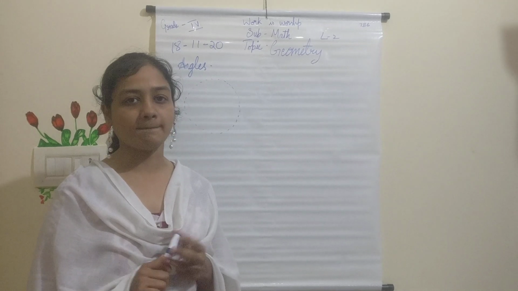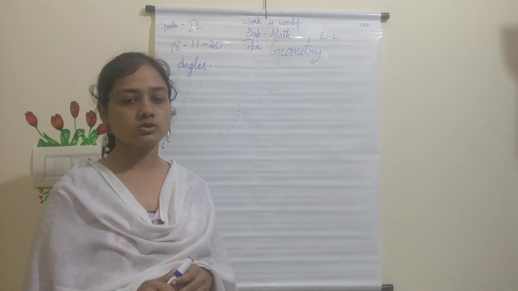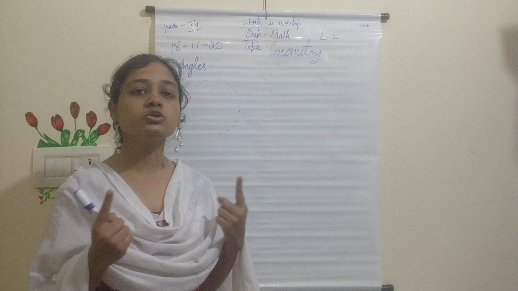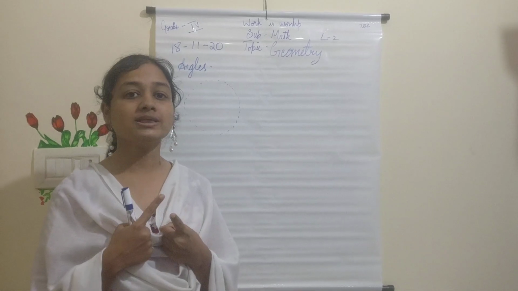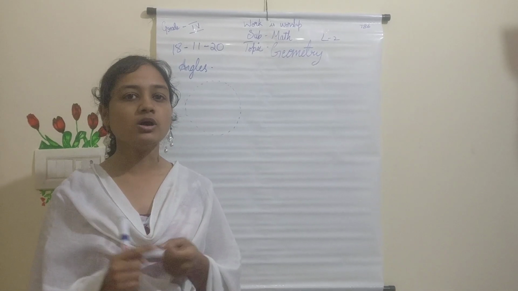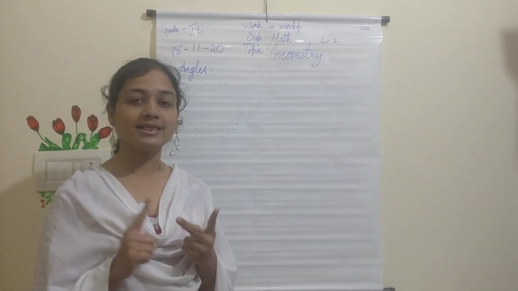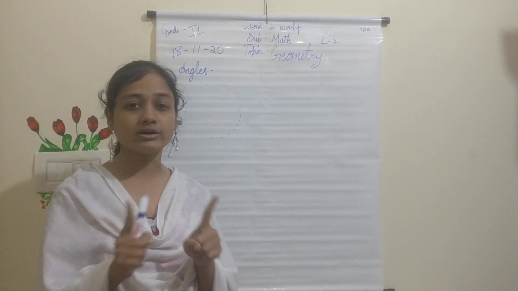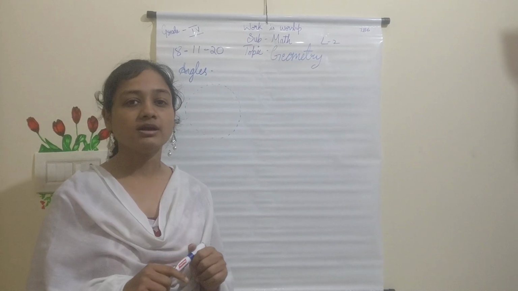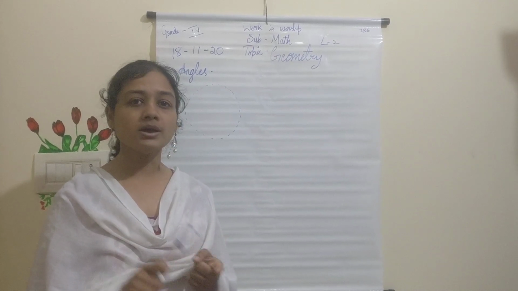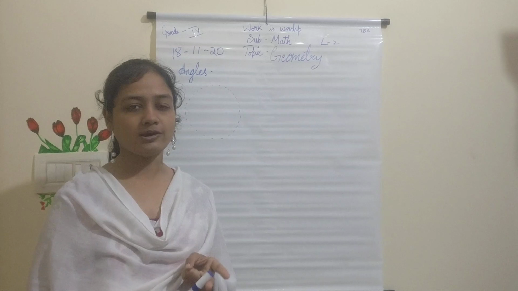How to measure them? In the second video, we saw what happens when two lines meet together. What are they called? So we saw intersecting lines, perpendicular lines, and the lines which never meet together called parallel lines. And we also learned how to name them, how to write them symbolically also.